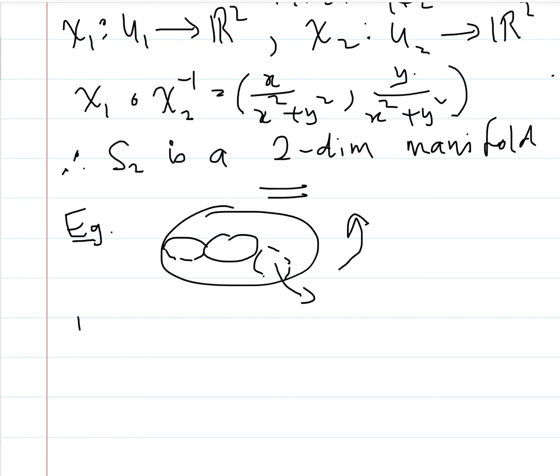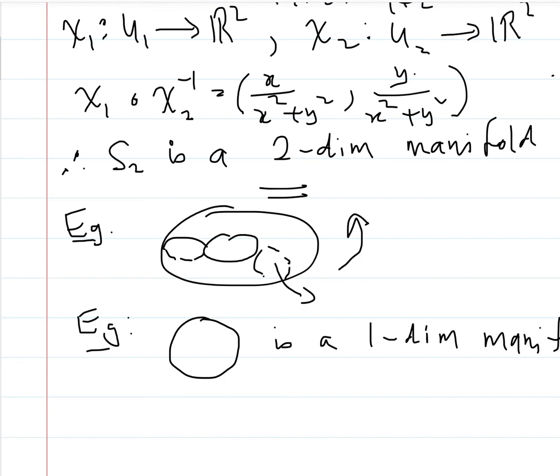This, of course, relies on the property that the circle is in fact a one-dimensional manifold. So using this idea, each circle being a one-dimensional manifold, we have a two-dimensional situation in that previous donut torus example.